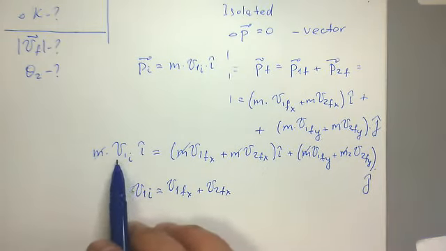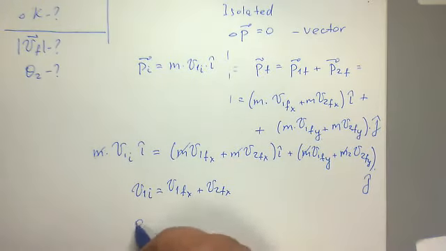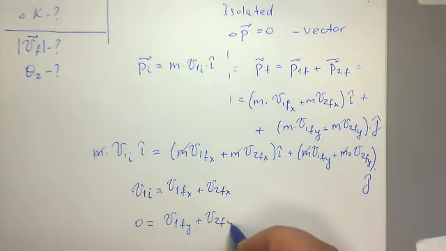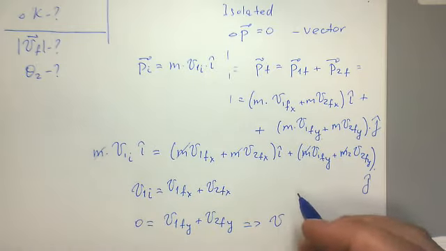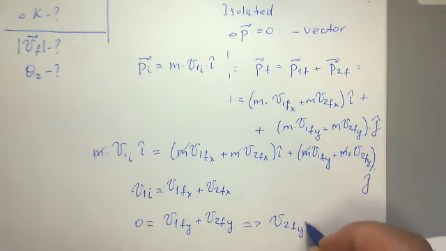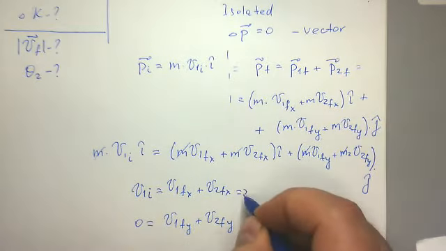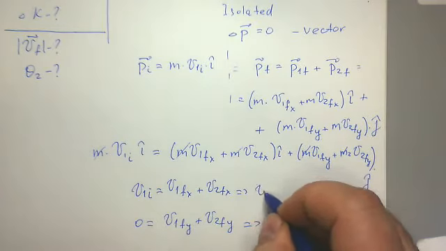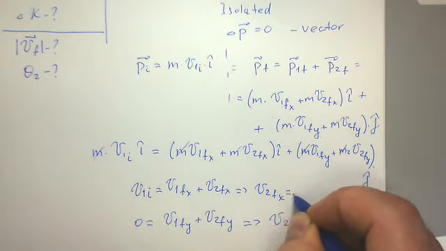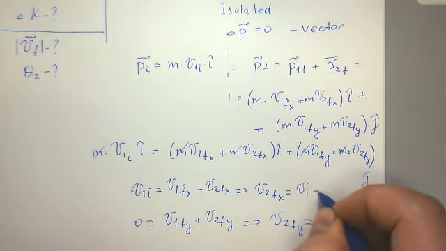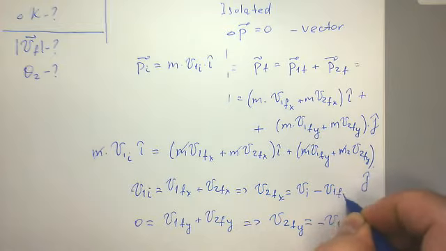And the J component of the initial momentum is 0, which means that 0 equals V1 final Y plus V2 final Y. So from this second equation, we can say that the Y component of the final speed of the second ball equals minus V1 final Y. And from here, we can express the X component of the velocity of the second ball after the collision. So V2 final X equals V initial minus P1 final X.